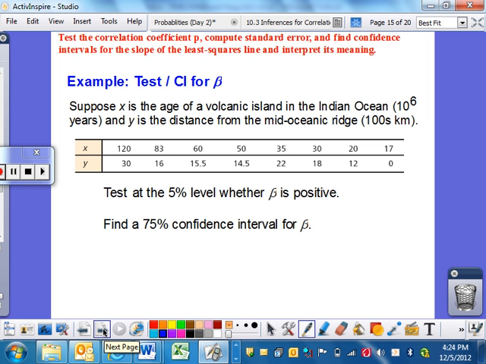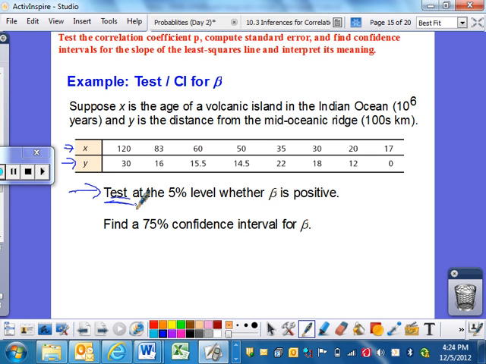So what I want to do is test, here's the data in the problem. They're going to give you some graphic or table or chart, and they're going to have an X and a Y. So X is the age of a volcanic island, and Y is the distance from the mid-oceanic ridge. And they want to test the claim.